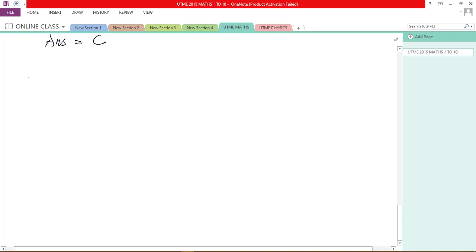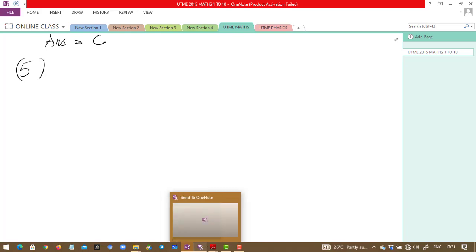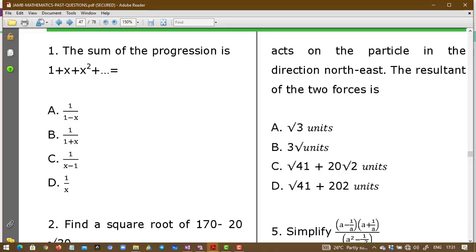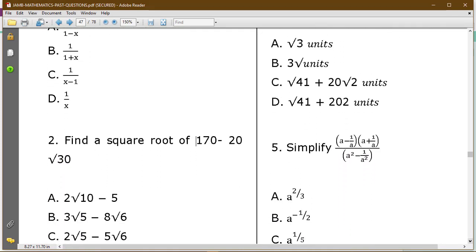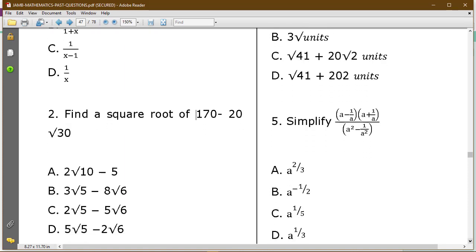So we have number 5 now. Number 5 question goes thus. It says that simplify a minus 1 over a into bracket a minus a plus 1 over a, then divided by a squared minus 1 over a squared.